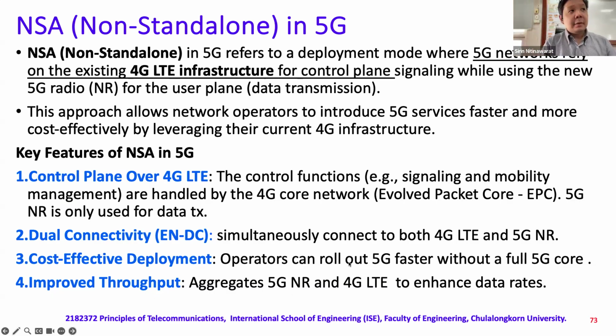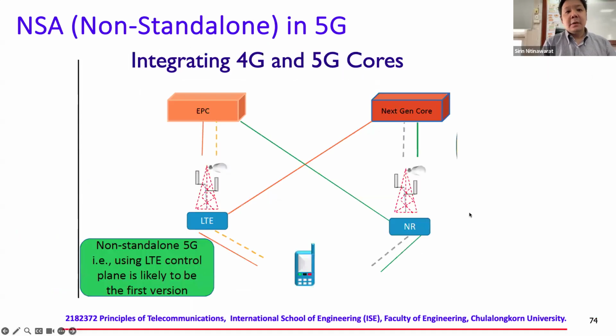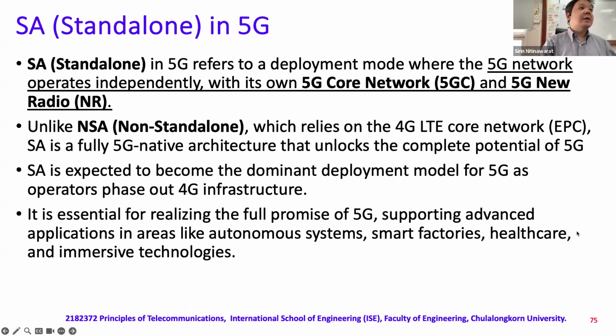And as a consequence, operators can roll this out quicker with lower cost, right? But the drawback is that you don't get the full benefits of 5G, because you don't use its control plane yet.